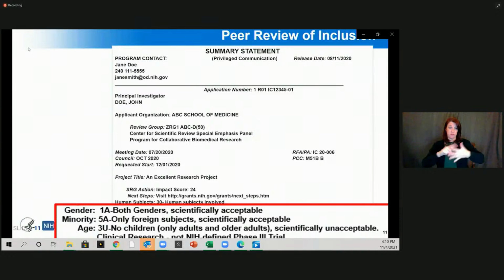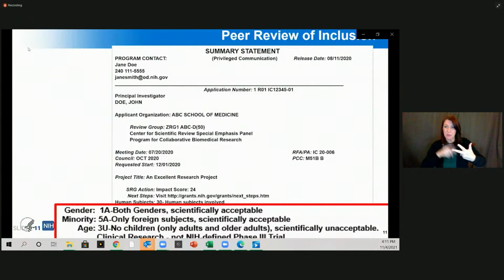The number just lists the distribution of the subjects, and then the A or the U code indicates whether or not peer review found it to be acceptable or unacceptable. So in this case here, they found the gender and the race ethnicity distribution to be acceptable, but they found the age to be unacceptable because children were not included.